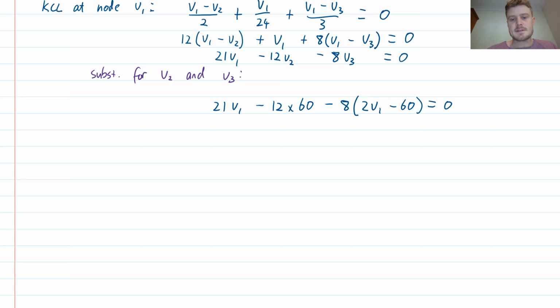So now it's just a matter of solving this equation. Let's go ahead and do that. I will simplify and expand the brackets. Here I will have minus 720, and then minus 16 V1 plus 480 is equal to 0.